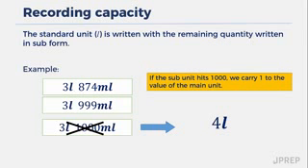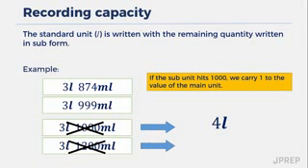So assuming we had 3 liters, 1200 milliliters, it means we are going to take 1000 from the 1200 and make it 1 liter and carry it to the 3 liters to become 4 liters. But we will be left with 200 milliliters. So we do not write it this way, but rather we write it as 4 liters, 200 milliliters.